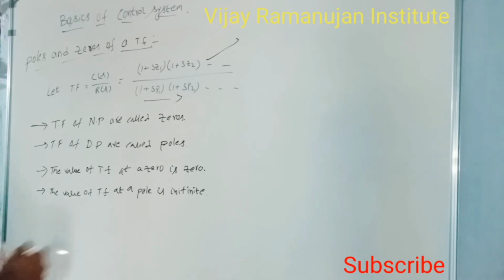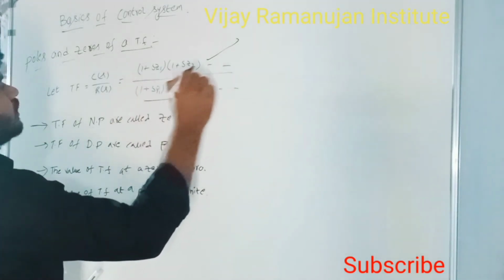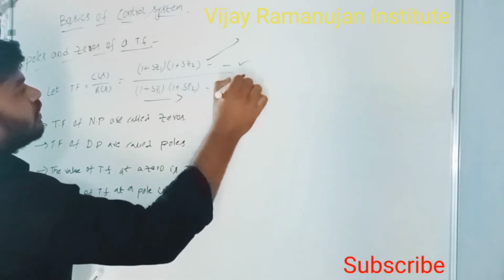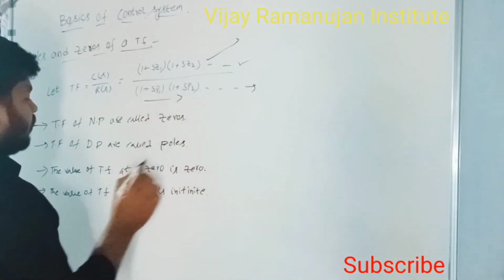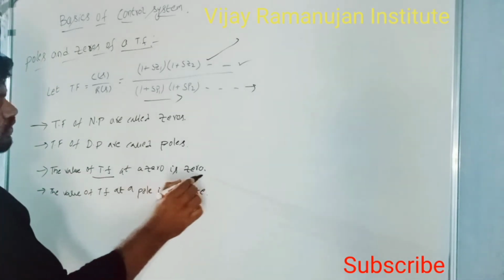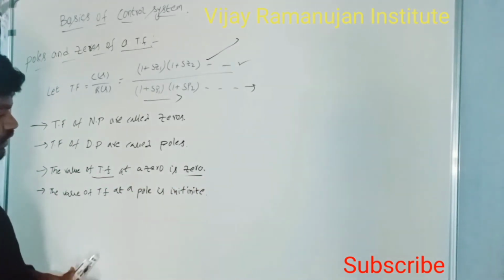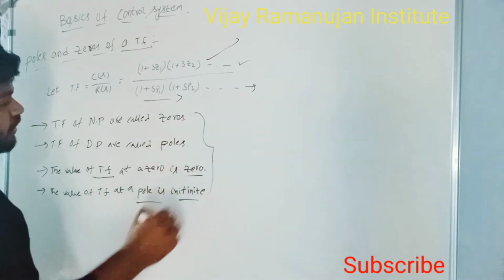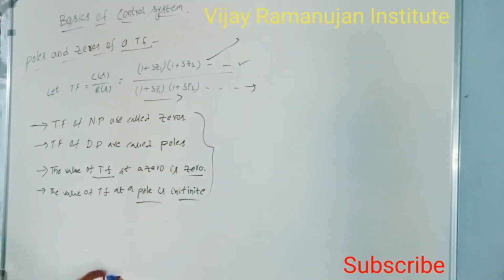The numerator of the transfer function gives zeros and the denominator gives poles. The value of the transfer function at a zero is 0 and at a pole is infinity. These are 4 main points.